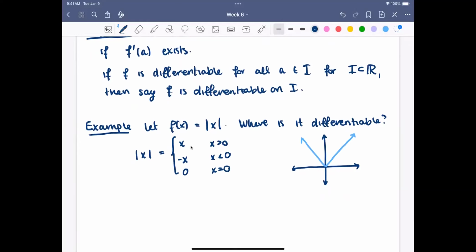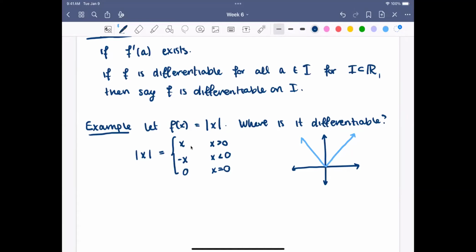We're going to find the derivative and figure out where this is differentiable. To start, we could look at this graph and think about the fact that the derivative tells me the slope of a tangent line at a given point. So you could already draw the graph of f prime of x from this picture.